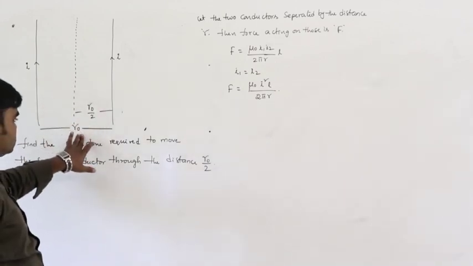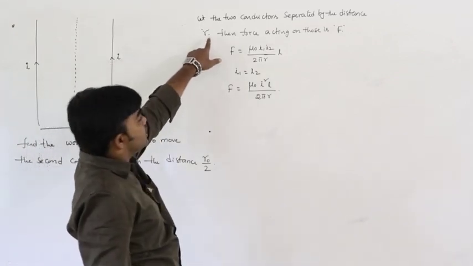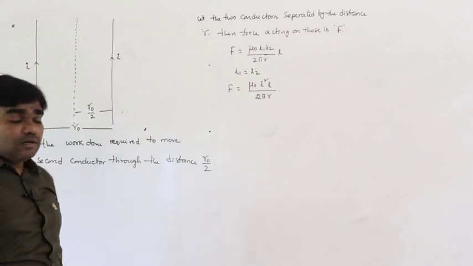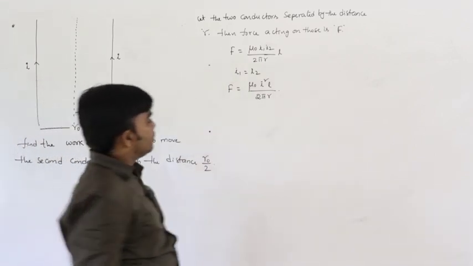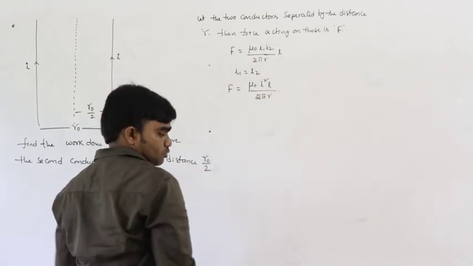Initially the actual distance is r naught, but let us say the two conductors are separated by distance r. So from this we can write F is equal to mu naught I square L by 2 pi r.